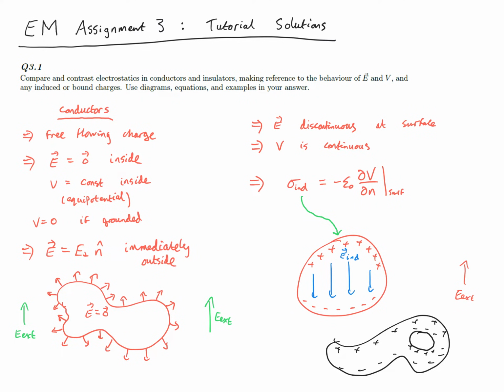And again, the charges arrange themselves in such a way to cancel the electric field inside the material. But that actually implies something else for the cavity. It tells you that there's no electric field inside the cavity either. If there are no free charges inside the cavity, at least, there's no electric field in the cavity. And that's the principle of the Faraday cage.